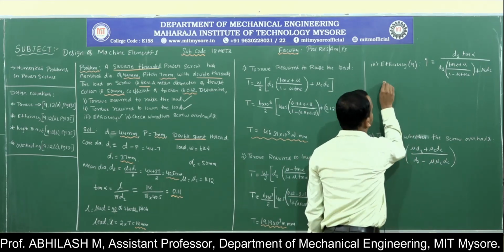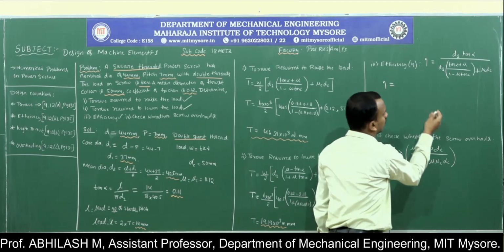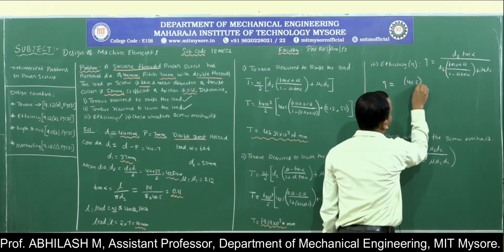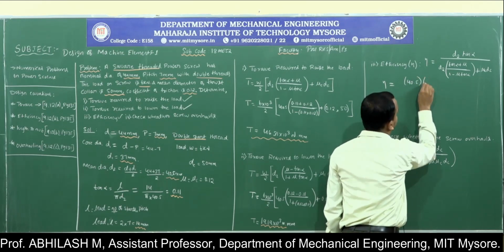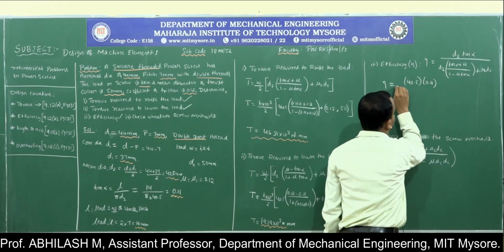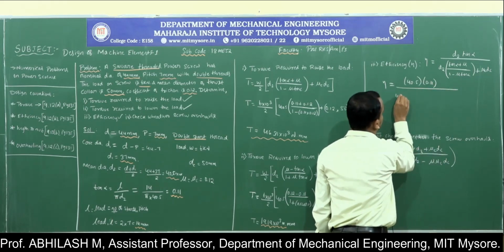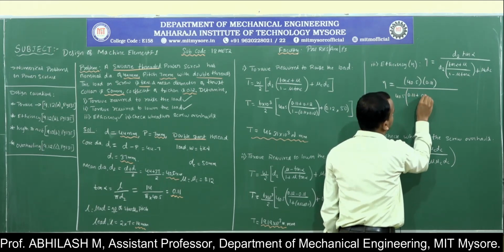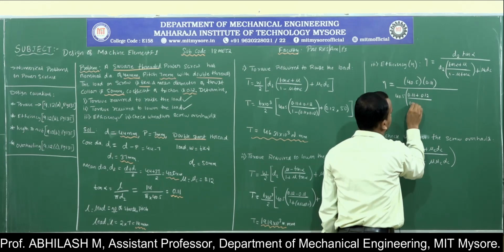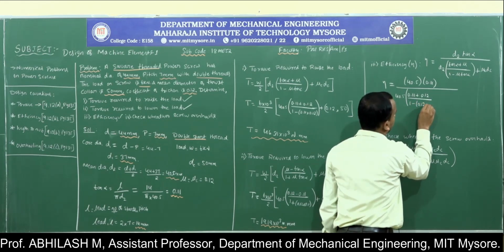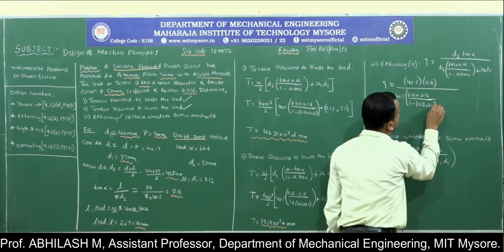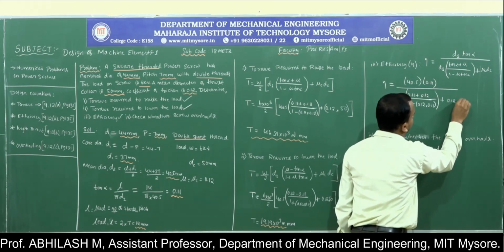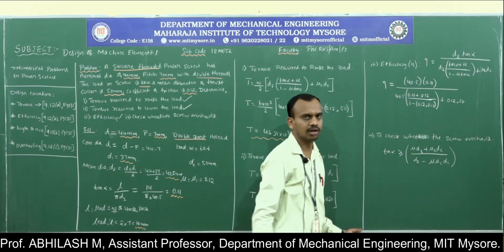How do I do that? If I know the data properly, I can solve the problem very easily. So the D2 value is 40.5 into tan alpha. The tan alpha value is 0.11, divided by, again, the D2 value 40.5 into tan alpha 0.11 plus mu, which is 0.12, divided by 1 minus 0.12 into 0.11, that is tan alpha, plus mu C. Mu C is 0.12 into the diameter of the collar, which is 50.